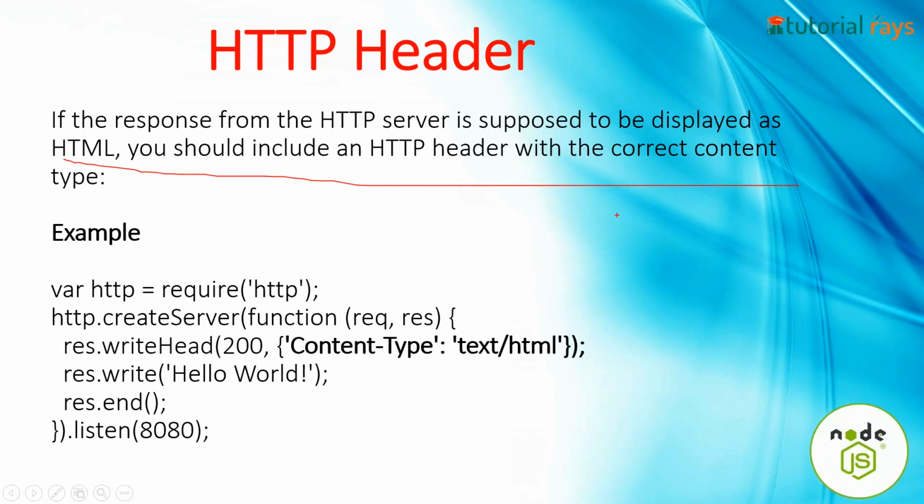For example, if you are opening an image, then the content type is image. When you are opening an HTML page, that means the content type is HTML. So what happens actually, before sending the data to our browser, first it sends the header. It sends the header to the browser, and it tells it what it is going to give you.